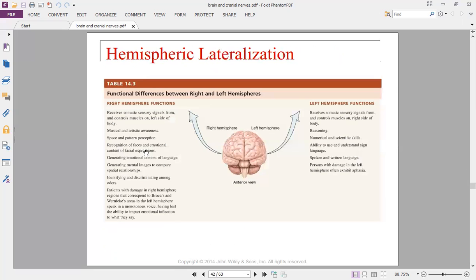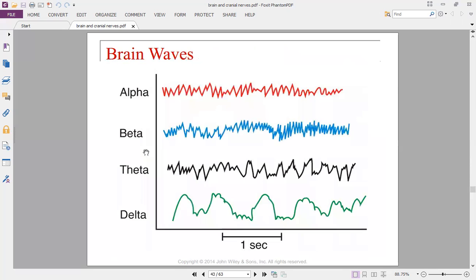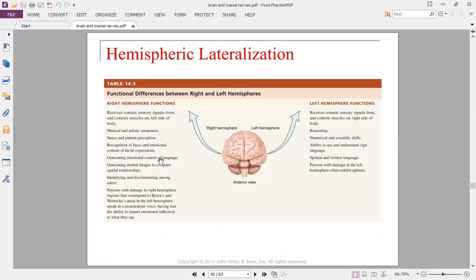Association areas, and again, hemispheres are lateralized. So right hemisphere and left hemisphere functions are a bit different. The right hemisphere signals and controls muscles on the left side of the body, as I discussed in the decussation of pyramids. If you are a right hemisphere dominant person, then you will have musical and artistic awareness, space and pattern perception as well.